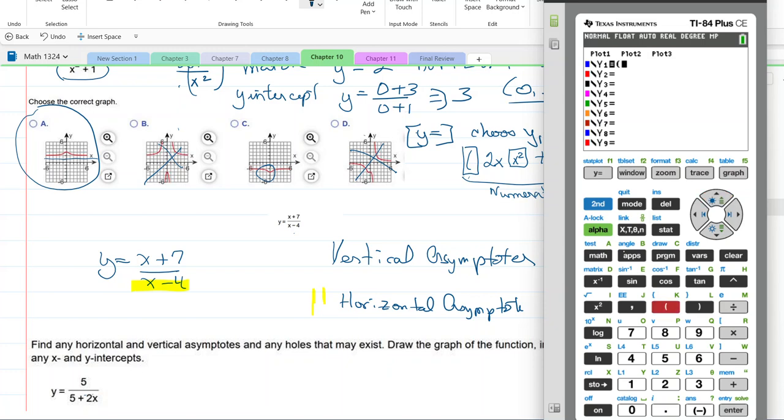Open parenthesis, x plus 7, close parenthesis, divided by, open parenthesis, x minus 4, close parenthesis, and I think I'm on 6, and there we have it. And now, we have an asymptote at 4, but we'll check that. But we want the horizontal. We said y equals 1, so here we go. And there it is.